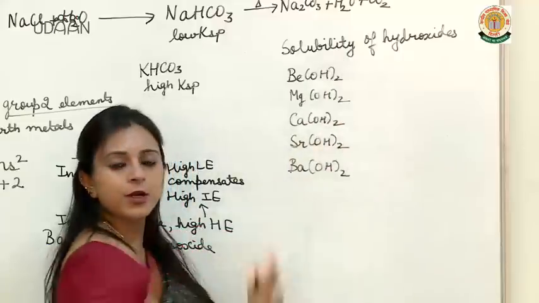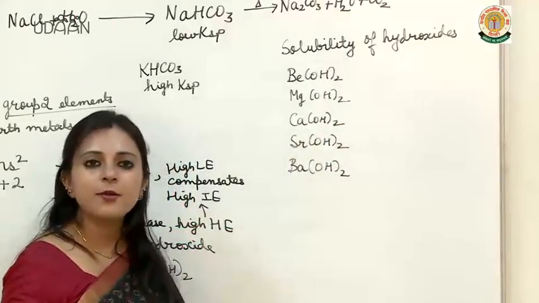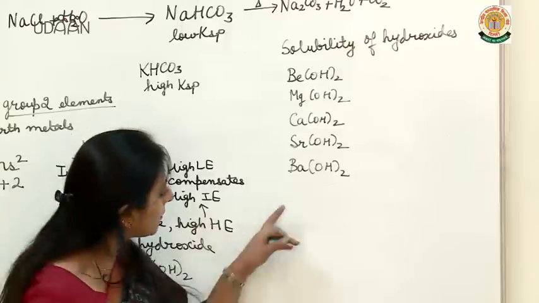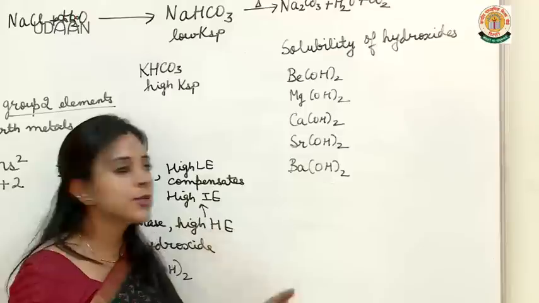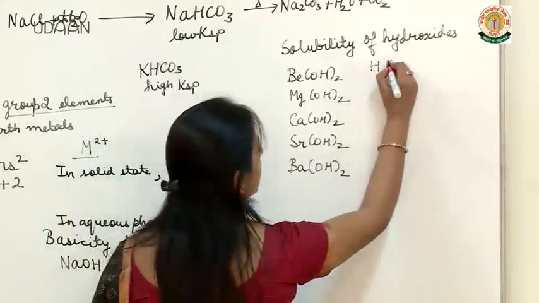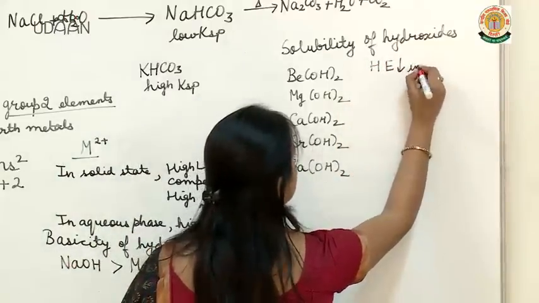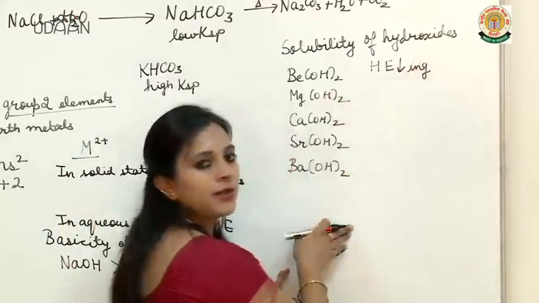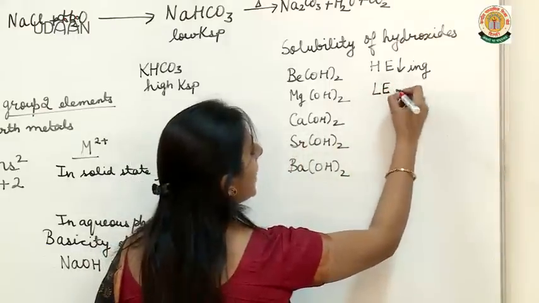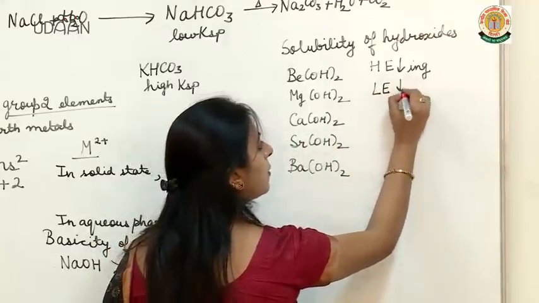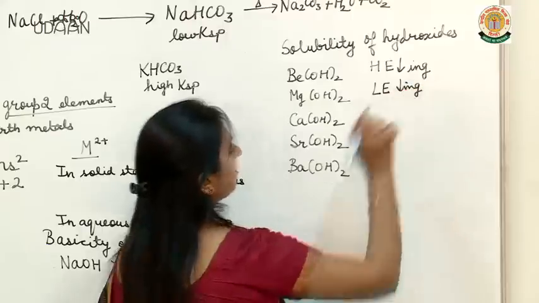Now, down the group, what is happening? The size of ion is increasing, that means hydration enthalpy is decreasing because size of ion is increasing. And what is happening to the lattice enthalpy? Lattice enthalpy is also decreasing.